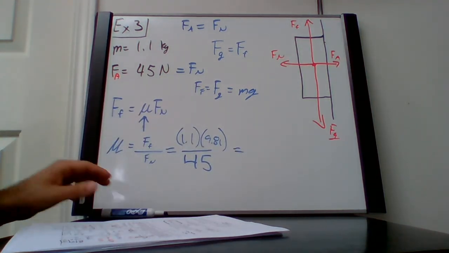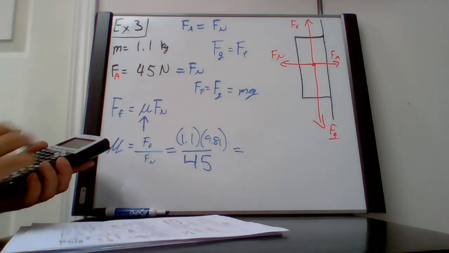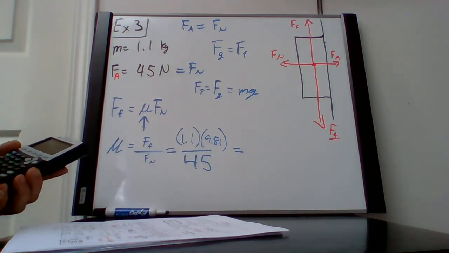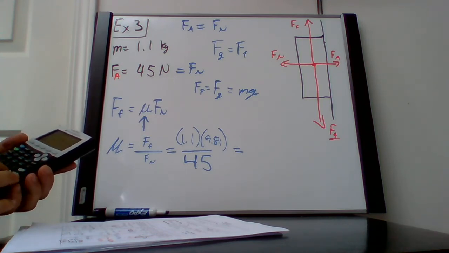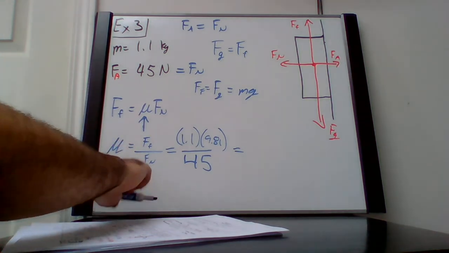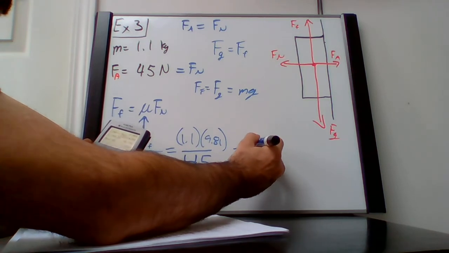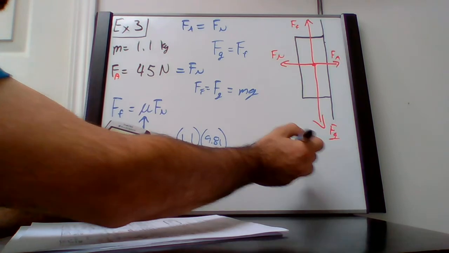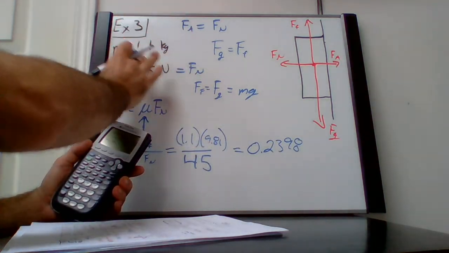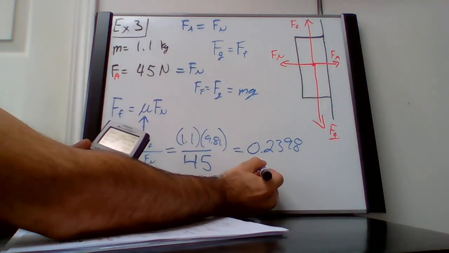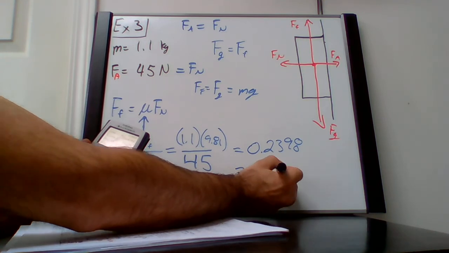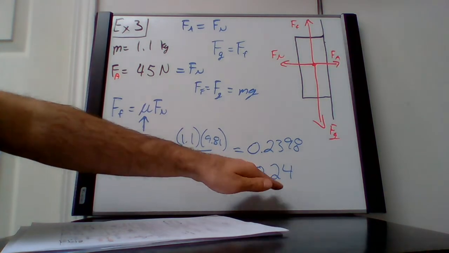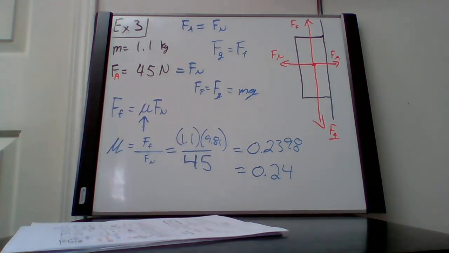I can now take the 1.1 times the 9.81 and divide that by that 45 newtons. And this gives me a coefficient of friction of 0.2398. Paying attention to two sig figs up here, we would say a coefficient of friction of 0.24. And once again, no units on that coefficient of friction.